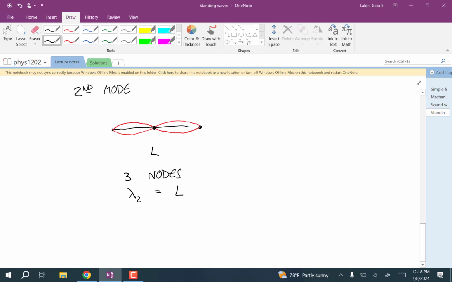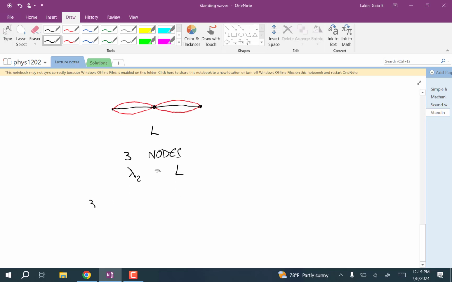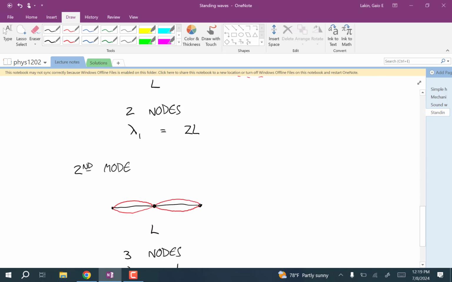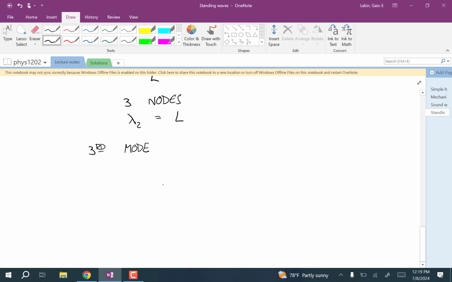And I'm going to do one more of these so you can start to see the pattern emerge. And so for the third mode, each time we're going to add one more node. So now we have a node here and a node here. And the biggest wave you can fit in with nodes at those 4 places is one like this.